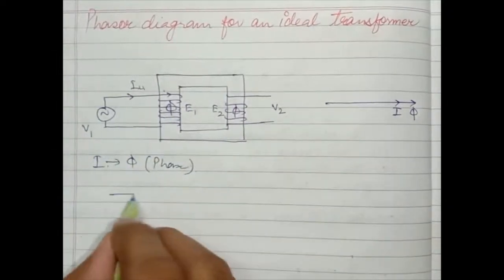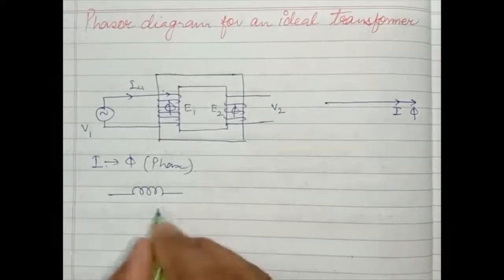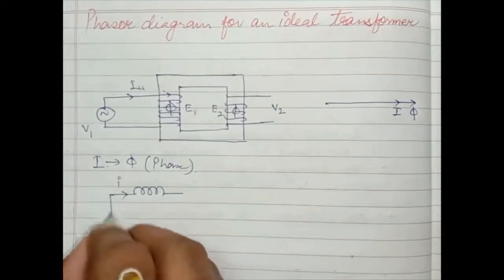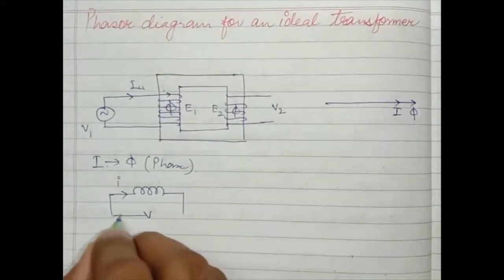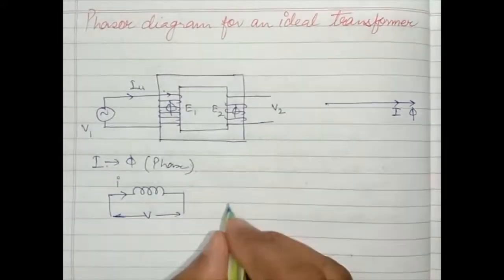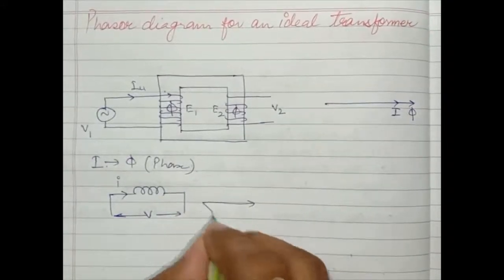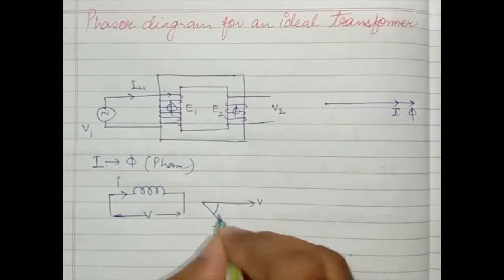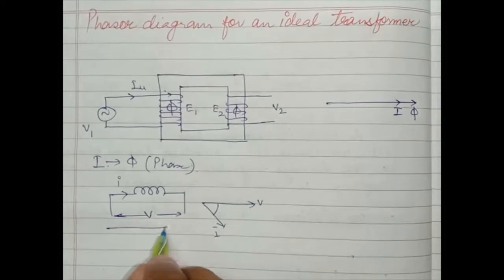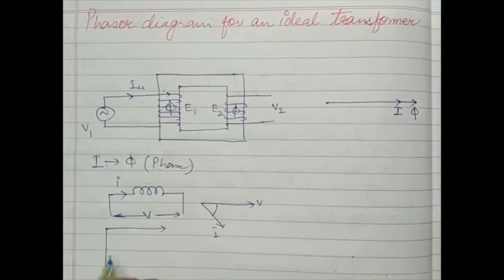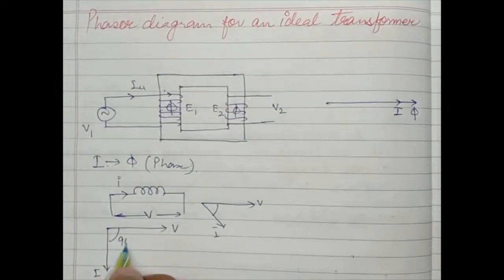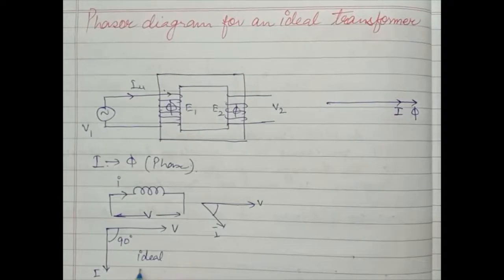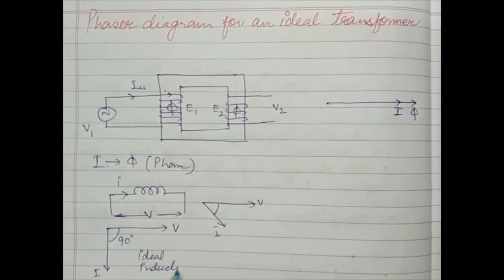For an inductor we know that, with this as V and this as I, the current lags, and for an ideal or pure inductor it makes an angle of 90 degrees.